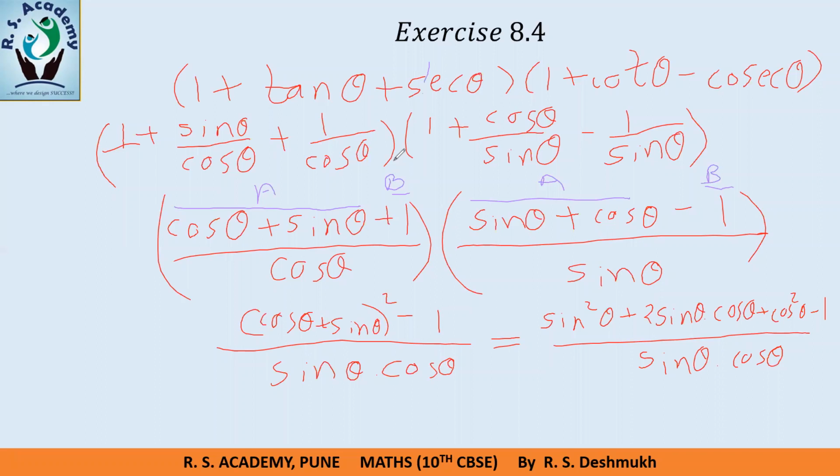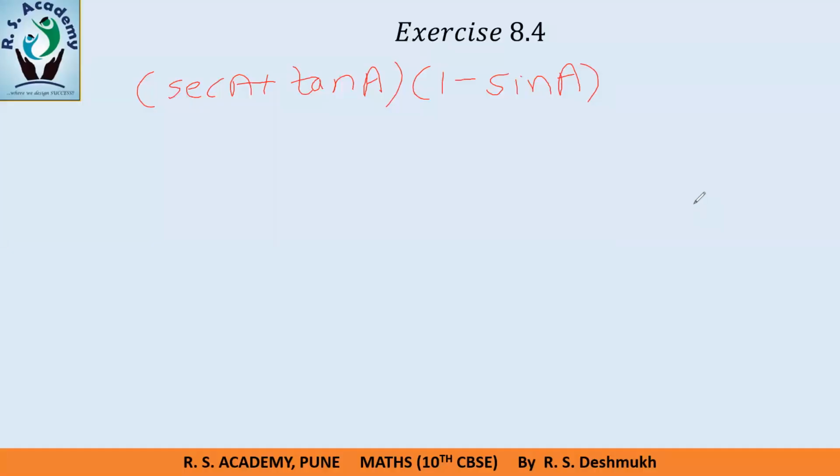But again, sin square plus cos square is 1, and 1 minus 1 is equal to 0. So what remains in the numerator is 2 sin theta cos theta. In the denominator it is only sin theta into cos theta. So sin theta cos theta will get cancelled, and you will get the answer of this question as 2.